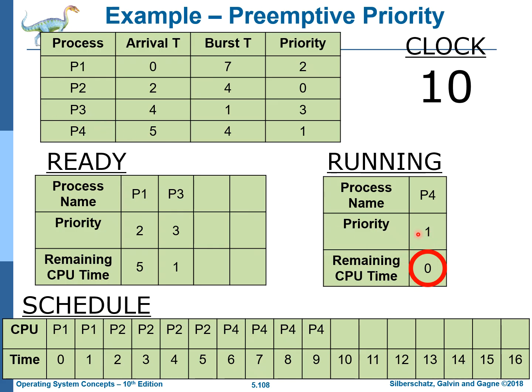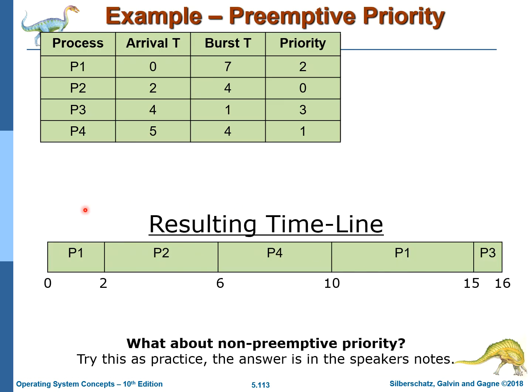At no time remaining for P4, we terminate it, or bring it to waiting, right? When we do that, we're going to look at our ready processes. We'll find P1 here is the highest priority. We'll bring P1 in to finish running. When P1 finishes, we'll bring in P3. P3 will get to run for its 1 time unit, then it's done. We get a timeline like this.